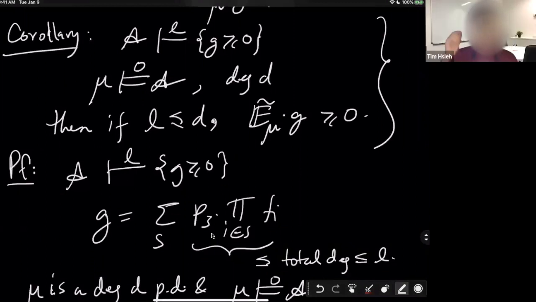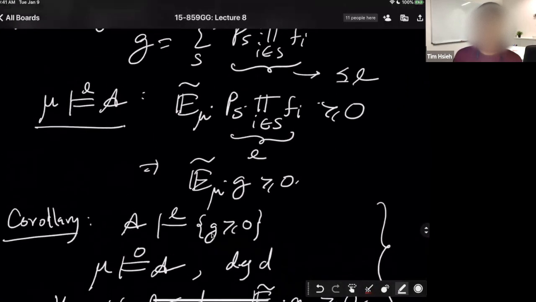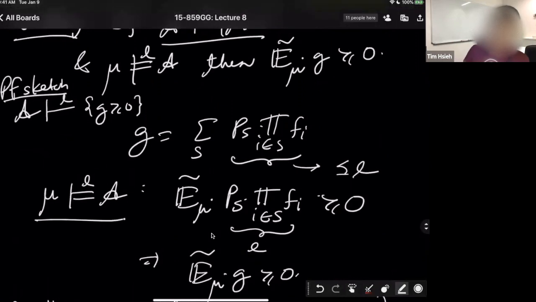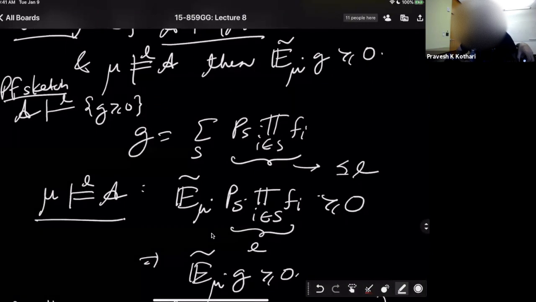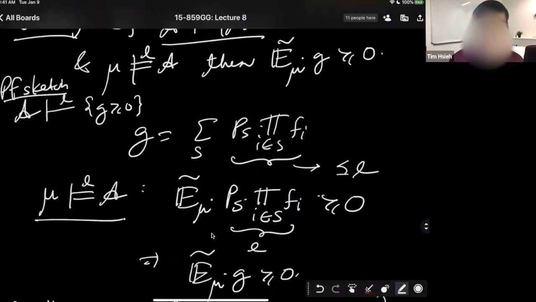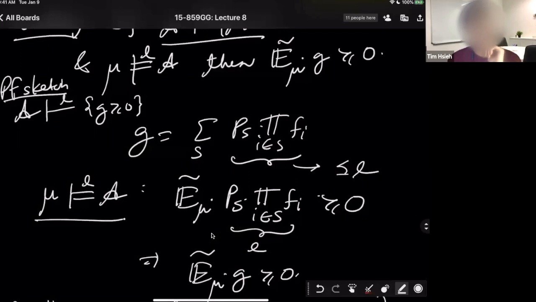Oh yeah, I was going to say, for the corollary above, if S is non-empty, then I think the degree constraint won't be satisfied. The degree of H plus the sum of the max degrees won't be less than D, because here your degree is also L, right?